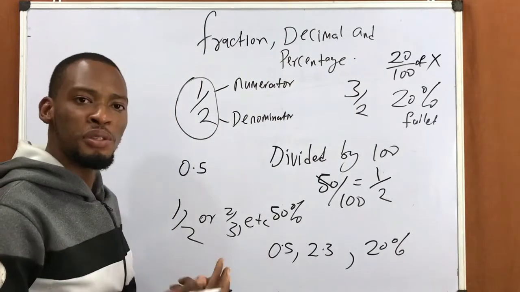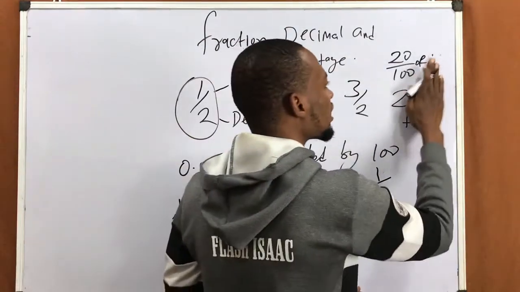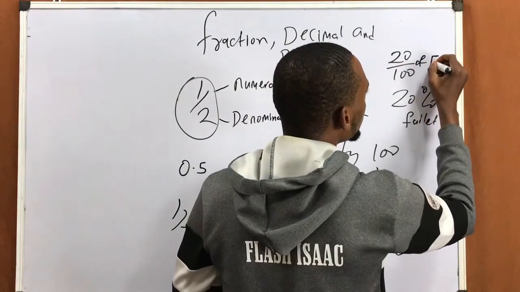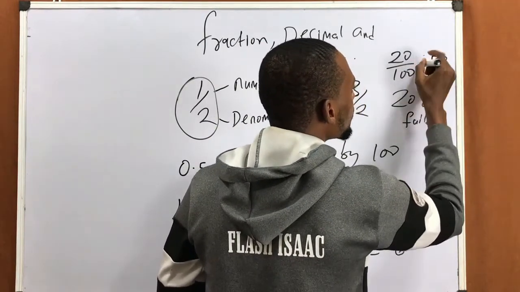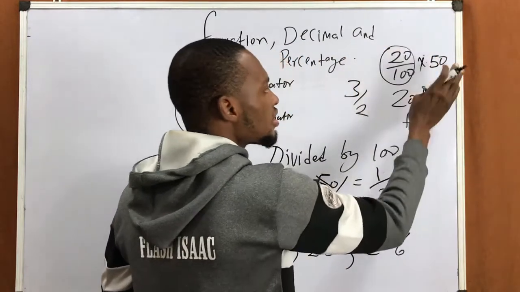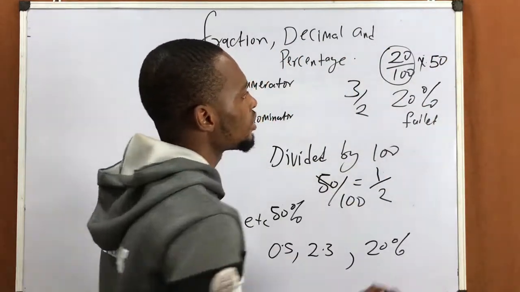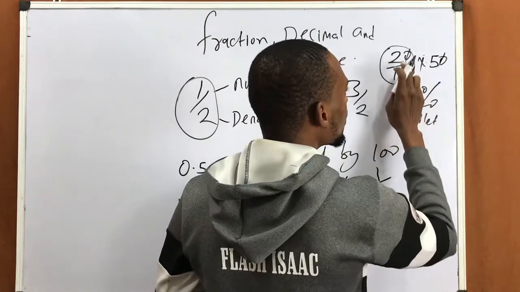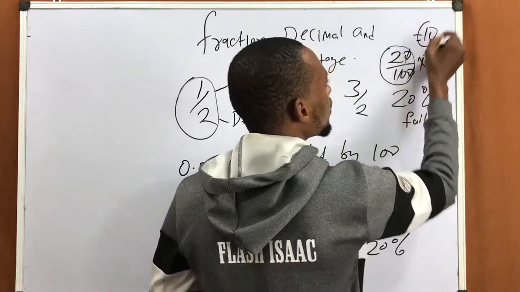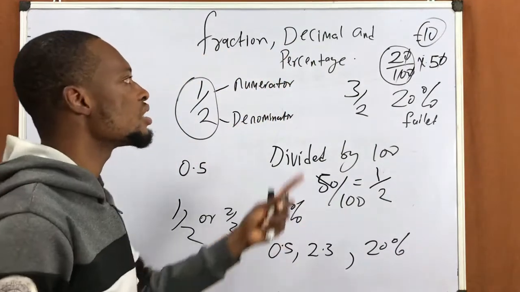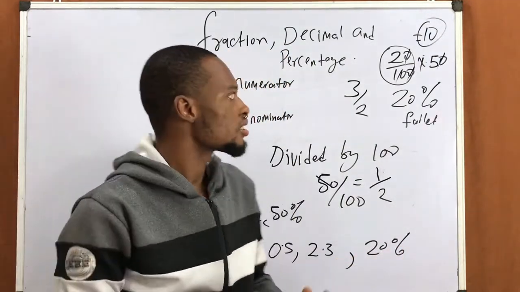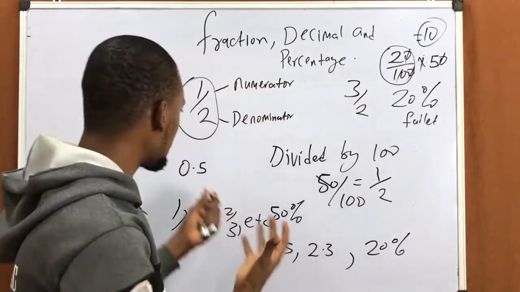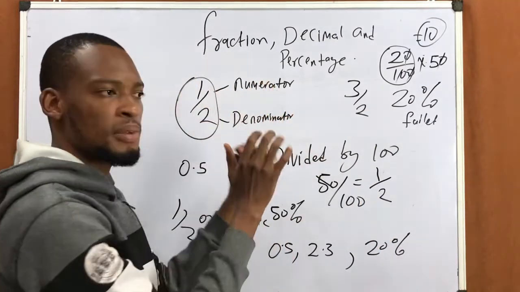So if 50 students wrote the exam and they tell you that 20% failed, it is 20 over 100 times 50. This is the percentage, this is the number of persons writing the exam. So 2 times 5 will give you 10. Meaning 10 persons out of 50 failed the exam. That's 20%.